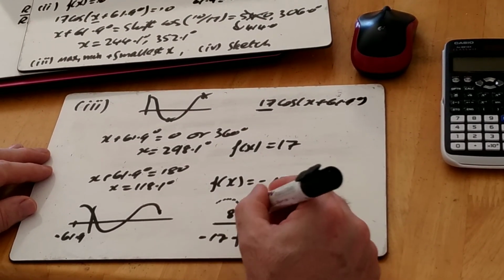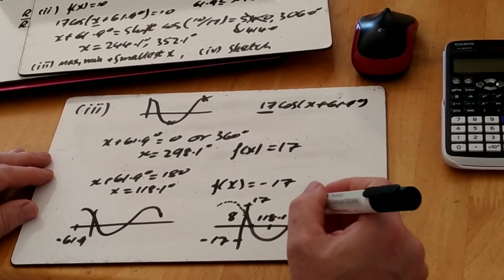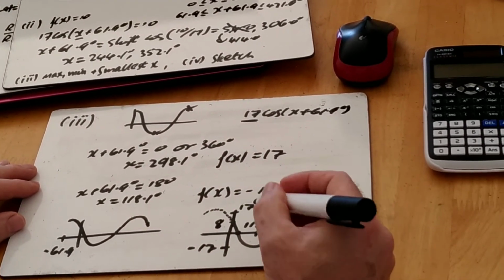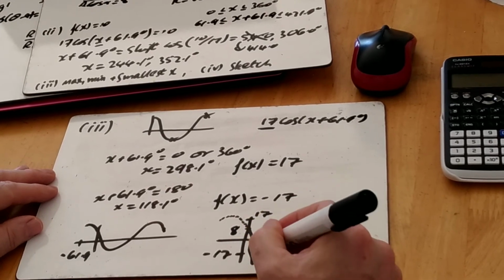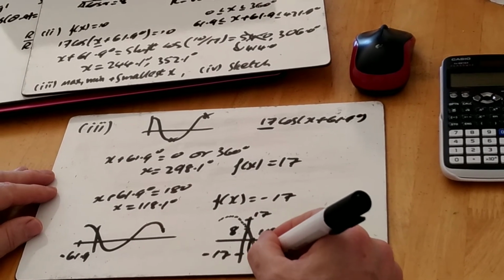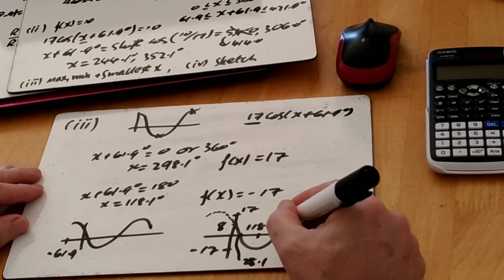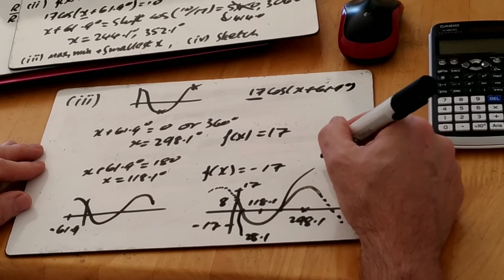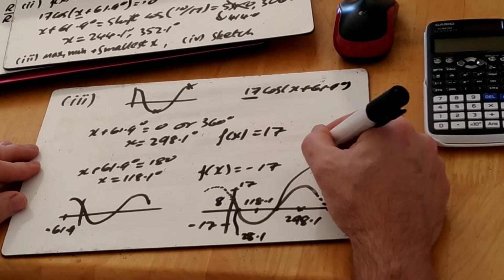I could solve these points, stick y equals 0, and solve cos x plus 61.9 equals 0. I know that all this is, because I've shoved everything back by 61.9, it would have crossed at 90. 90 minus 61.9 is 28.1, and it would have crossed at 270, and that point there is 270 minus 61.9, which is 208.1.